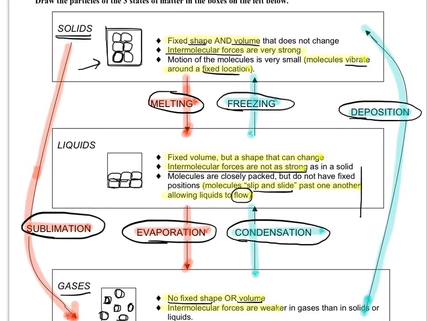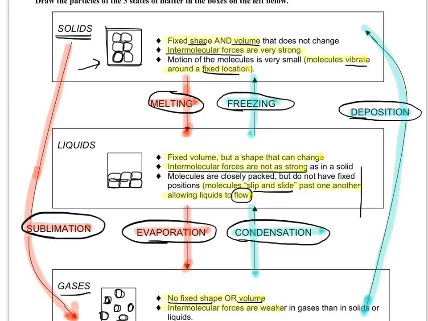There are not great real life examples of this that we see. If you think back to earth science, there were sometimes explanations of how certain rocks would form by deposition. So there are elements in the air that go directly from a gas to a solid, and you get formation of specific rocks. So that kind of sums this up.